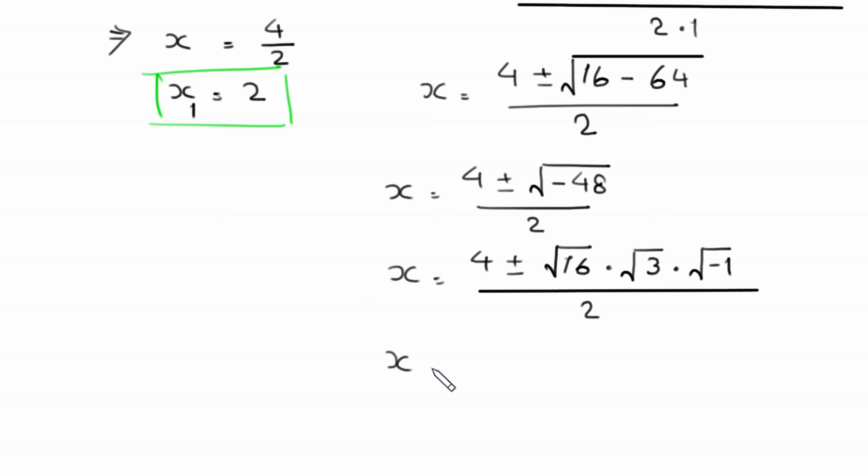Next, x is equal to 4 plus or minus square root of 16 is 4, times square root of 3, this square root of negative 1 is equal to i, divided by 2.